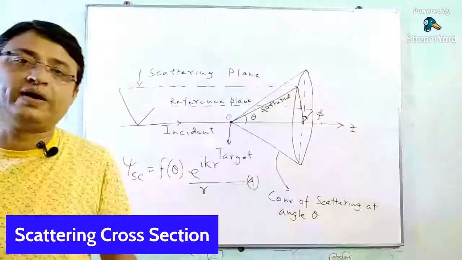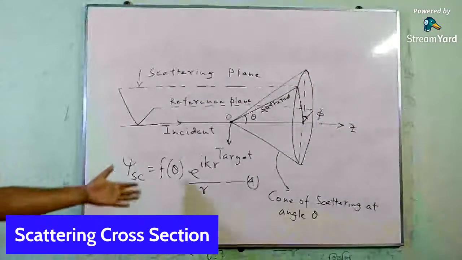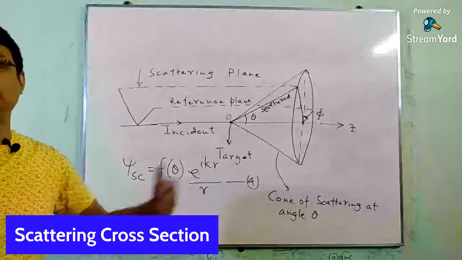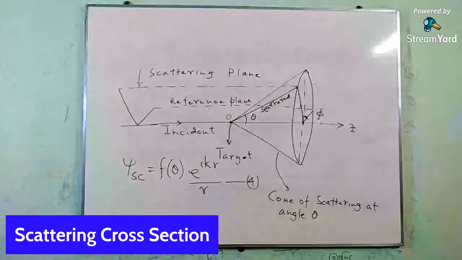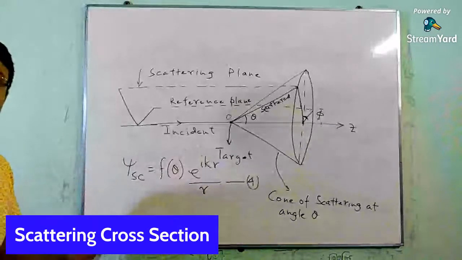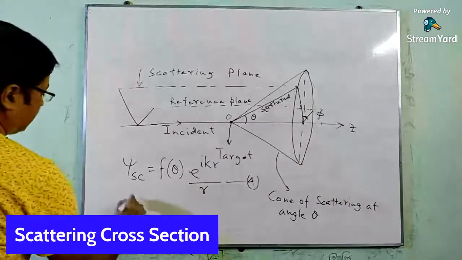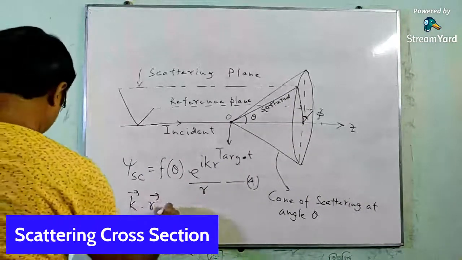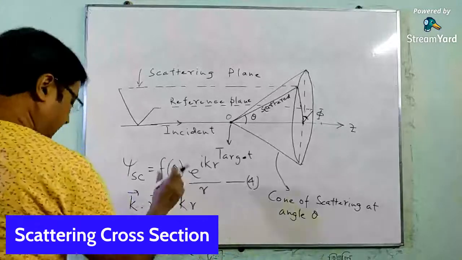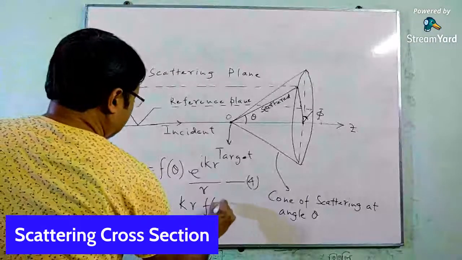And as in the case of a spherical wave, this k and r are in the same direction, hence k dot r gives us the scalar value of k and the scalar value of r.